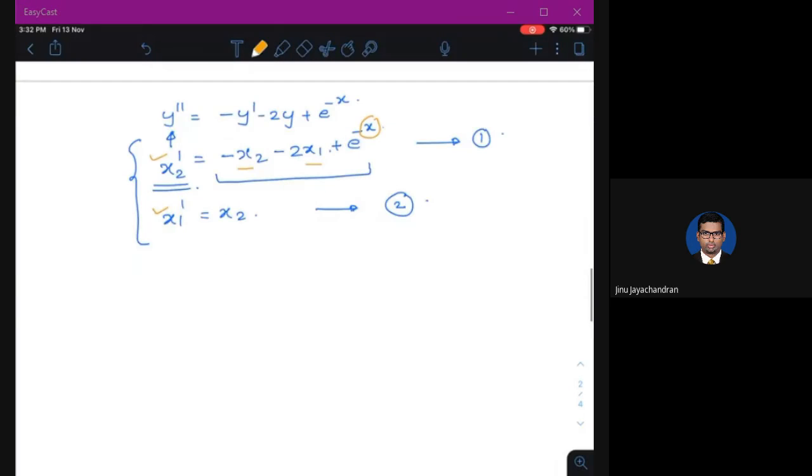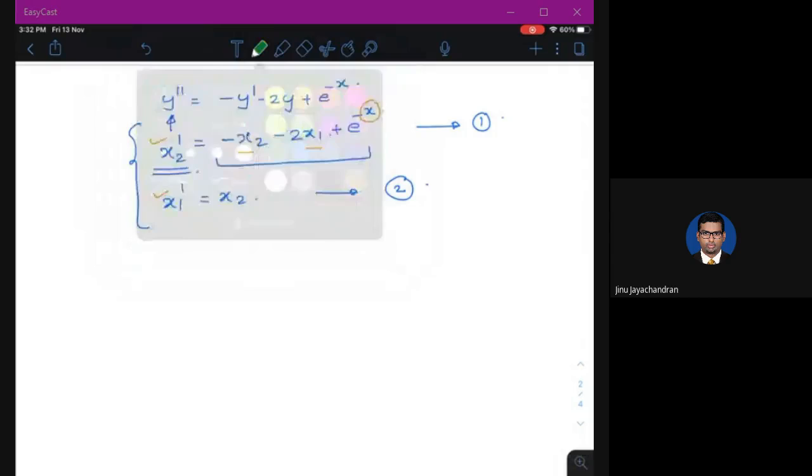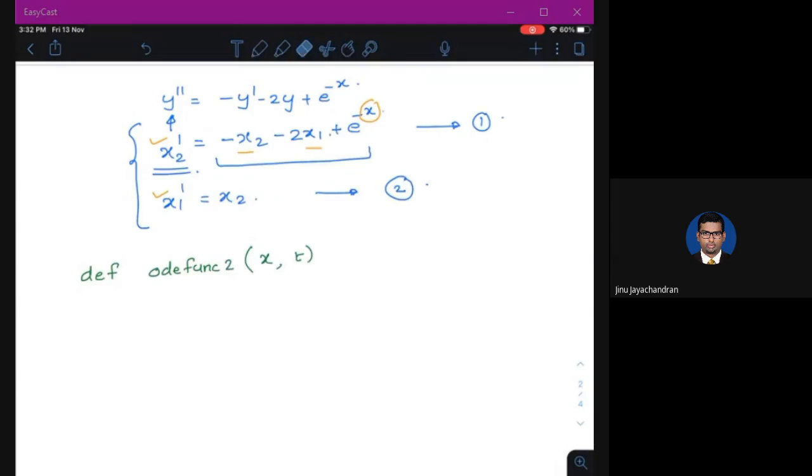Okay, so let's write that function again. So you define ODE function 2 for second order. Let's say you pass the variables here x comma t, or in our case here it is y comma t. Now remember, when you have a second order differential equation, you will have two initial conditions.